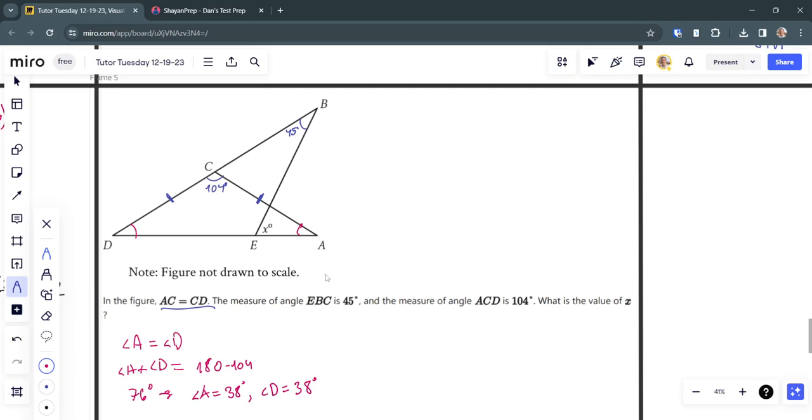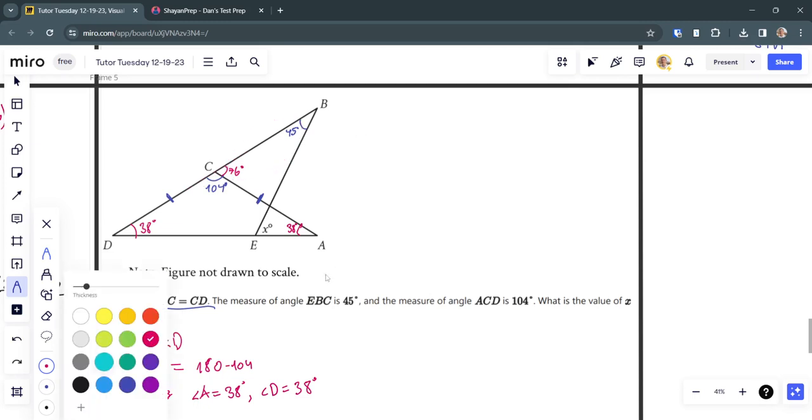You got that quick. I'm still writing out 38 degrees right here and 38 degrees right here. Next one, I know that there's supplementary angles right here, making this also 76 degrees, right? Because two angles on a line should add up to 180 degrees. Then we can use the triangle rule once again to get 180.